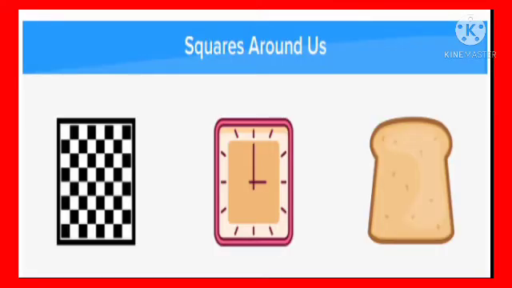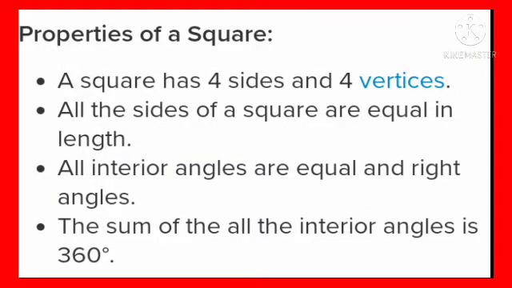Squares around us. Some examples are given: chessboard, clock, and a piece of bread. Some more examples are there, like a carom board, or one face of a dice. What are the properties of a square?